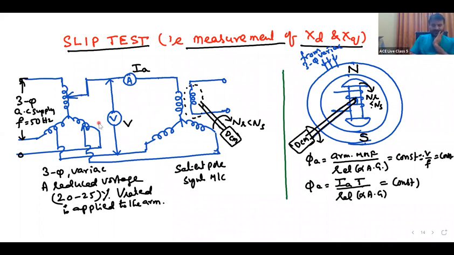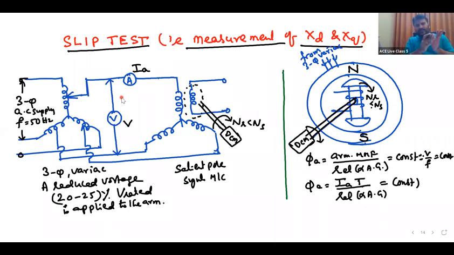Once it is adjusted, the voltage is kept constant. Later we are not going to change it. Voltage is kept constant and frequency is anyhow constant, so the V by F ratio is constant.